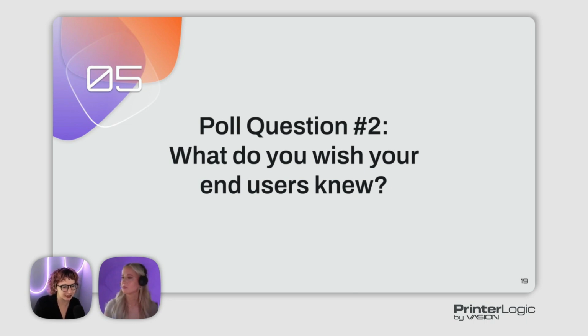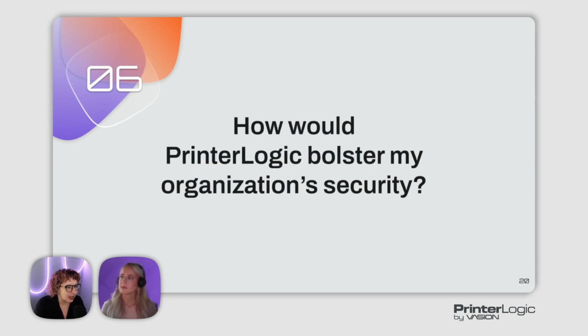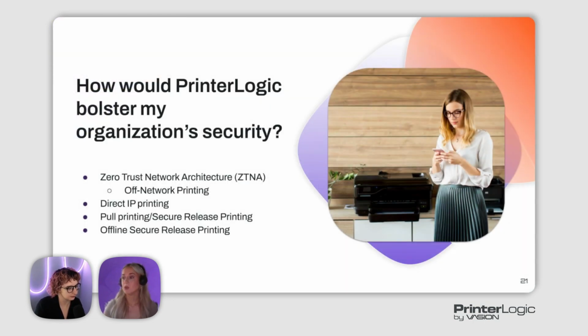So my next question for Kayla is, how would PrinterLogic bolster my organization's security? Yeah, we can do this by many different methods. I had previously mentioned the off-network printing functionality that PrinterLogic has to offer, but that kind of leads into a zero trust environment.